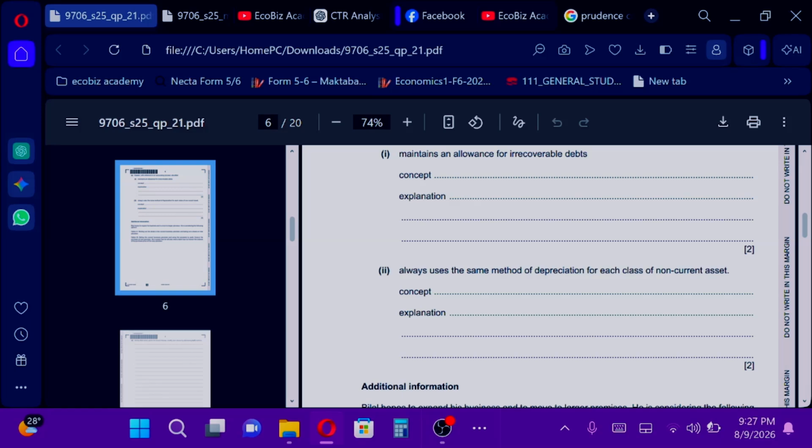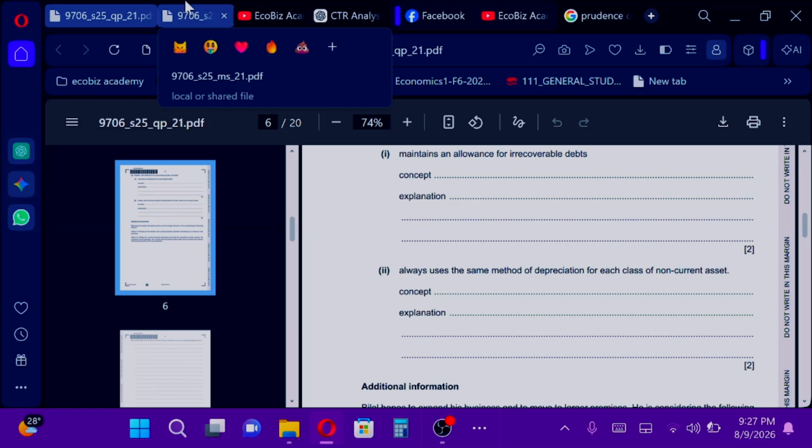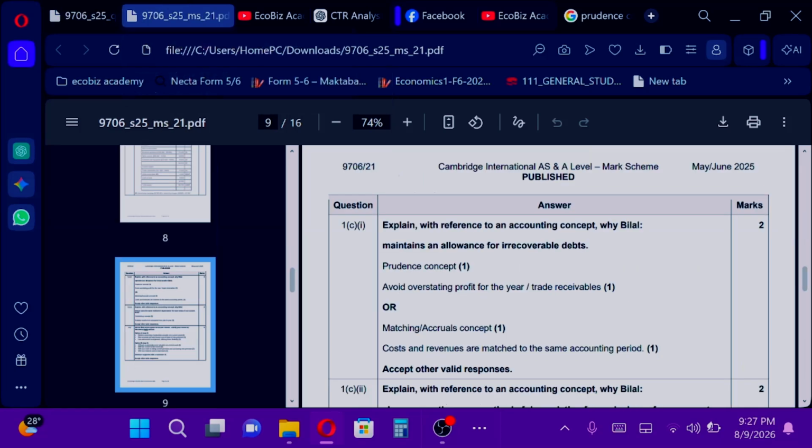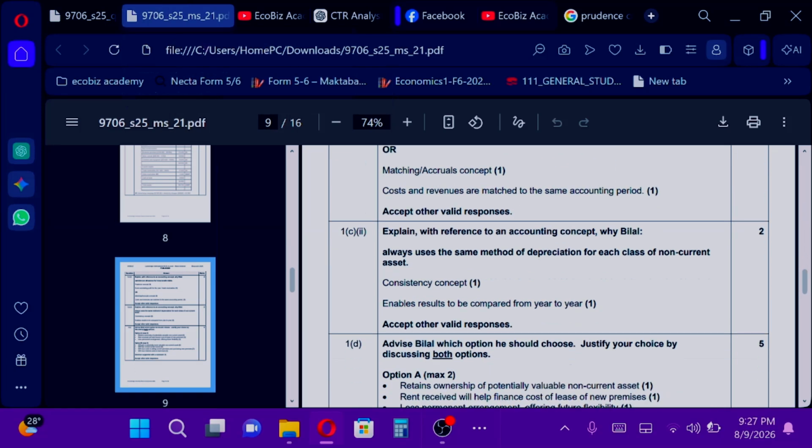This will help us to avoid any mistakes. Yes, so this is the principle of consistency, which basically enables us to compare the results year to year.